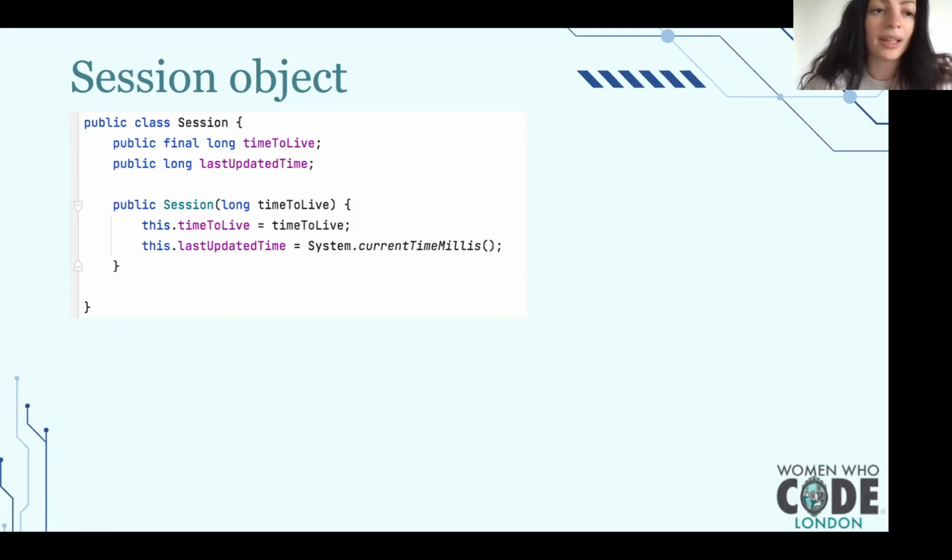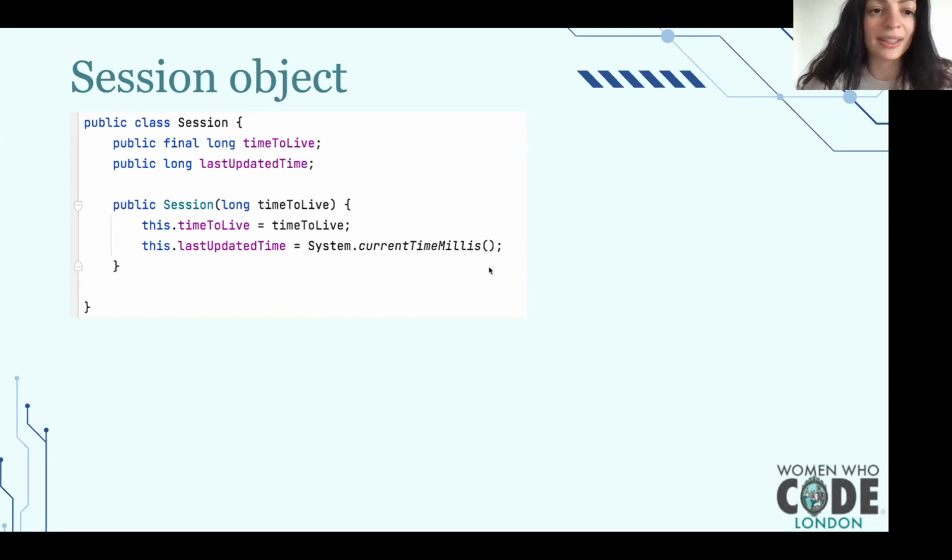When we create this session, we say that we created it for several seconds or minutes or hours, which will be time to live. And we say that last updated time is right now, System current time, which means it's basically the current time.